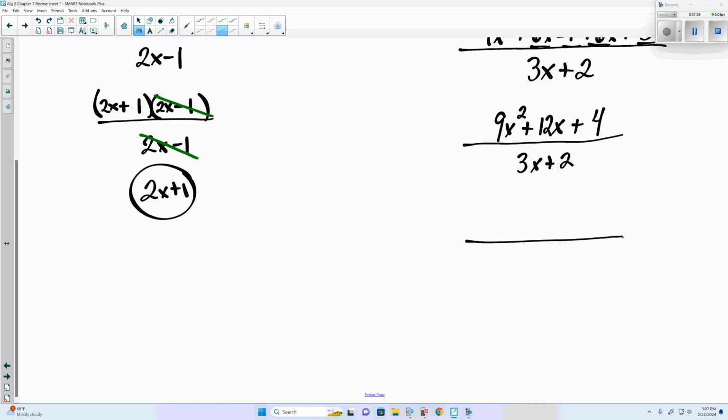Now, since we're really running short on time, I'm going to tell you that the numerator factors to 3x plus 2 and 3x plus 2. Because I think at this point, we feel pretty comfortable with factoring.